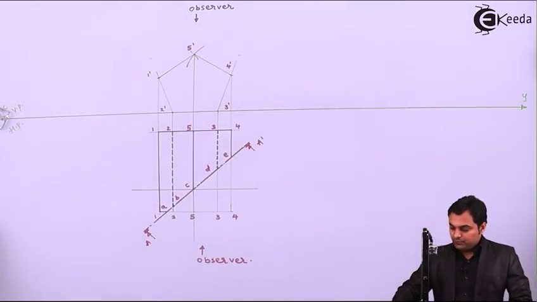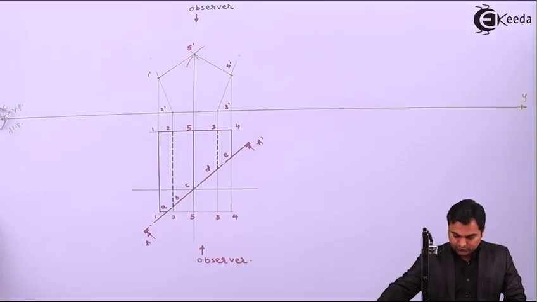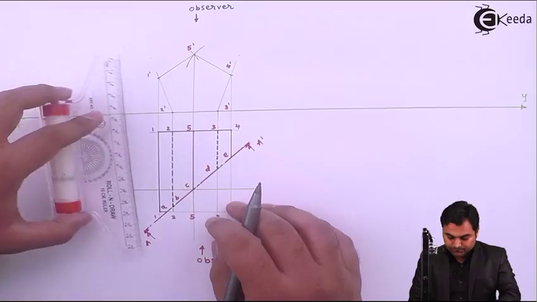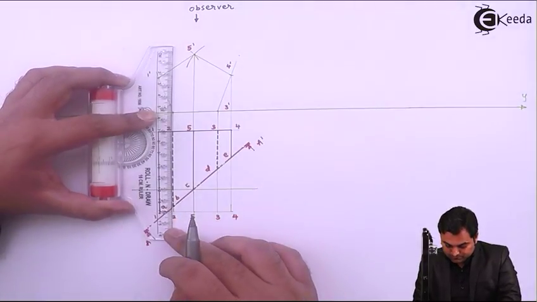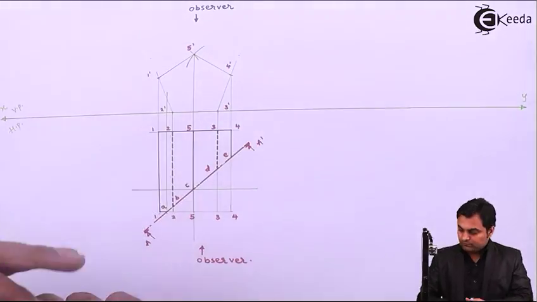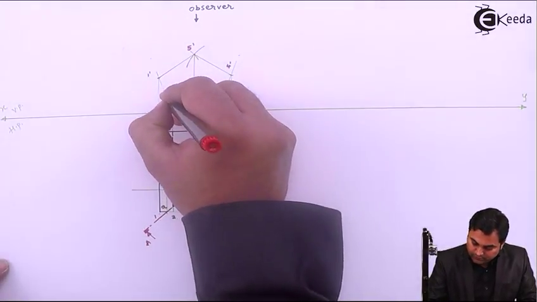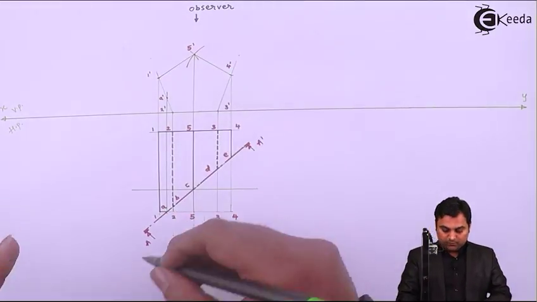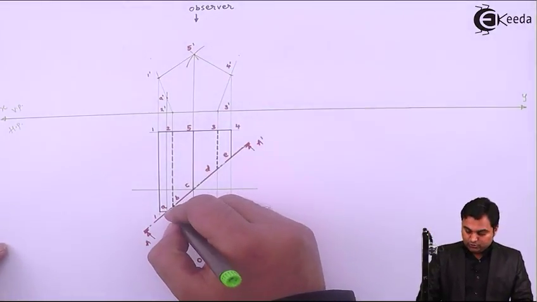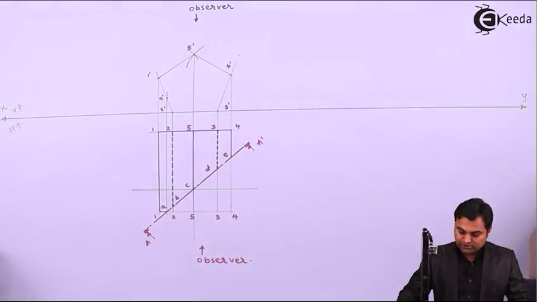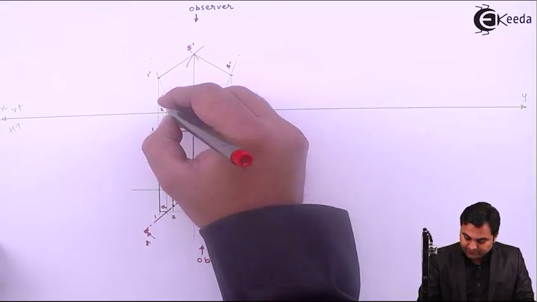Now projecting these points upwards, so this point A will lie on this edge 1 to 2. So here is point A dash. Then point B and 2, they are on the same line, so where we have 2 dash at the same location, there will be the point B dash.